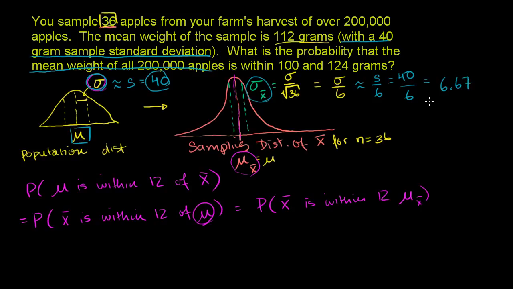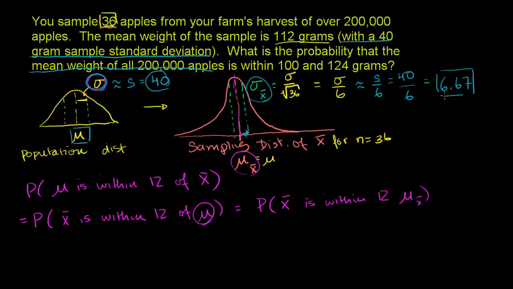So our best estimate of the standard deviation of the sampling distribution of the sample mean is 6.67. So this distance right here is 6.67. How many standard deviations is 12 if you look at this distribution right over here?